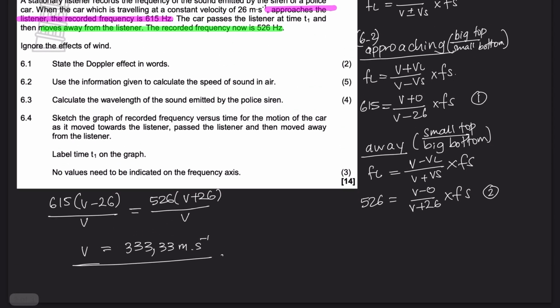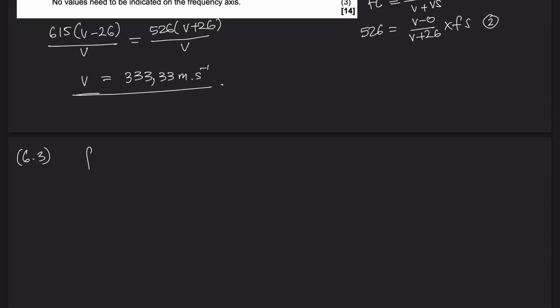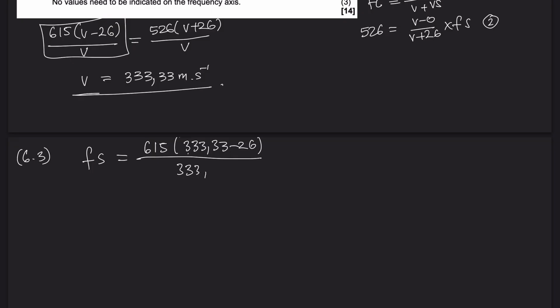Question 6.3. Calculate the wavelength of the sound emitted by the police siren. So we can work out Fs. From the equations here, we can say that Fs is equal to 615 into 333.33 minus 26, divided by 333,33, and put that in the calculator and you get the frequency of the source is 567,03 hertz.